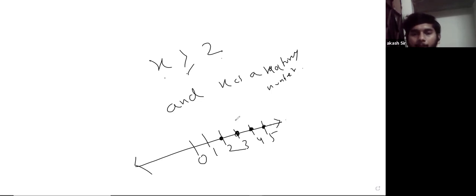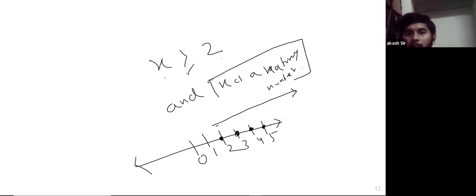You cannot draw a line here, because if you draw a line, that means all the numbers from 2 to infinity are counted, but there is a condition that x must be a natural number, so it has to be these numbers. Okay.